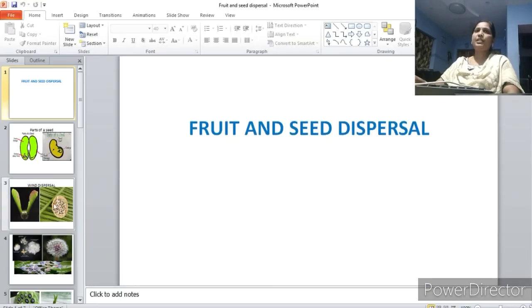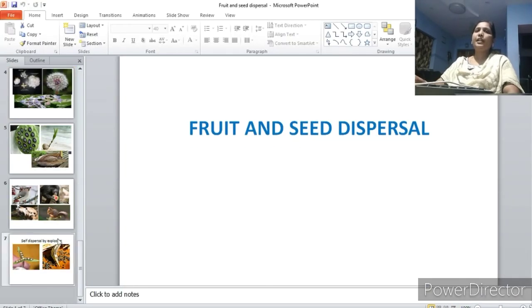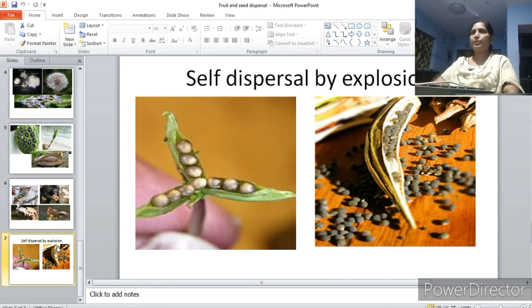And when you come to the next slide, this is self-dispersal, or dispersal by explosion. Explosion means, when you see the lady finger, when it dries up and the seeds are ready, healthy for germination, then it bursts out by itself.